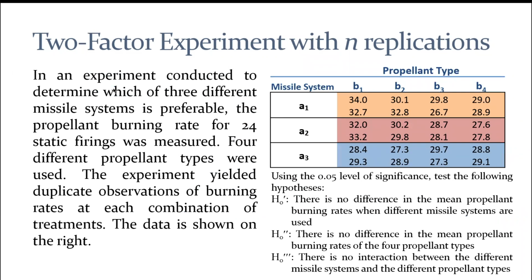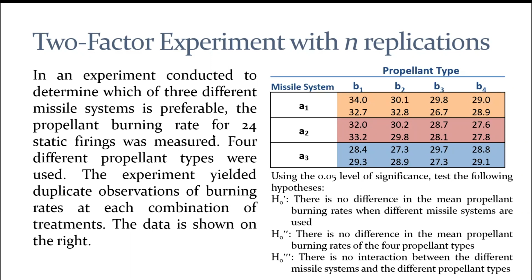So let's do this example, no. So meron daw experiment to be conducted and kailangan i-determine if yung missile system or the propellant type has a significant effect on the response variable, which in this case is the burning rate.